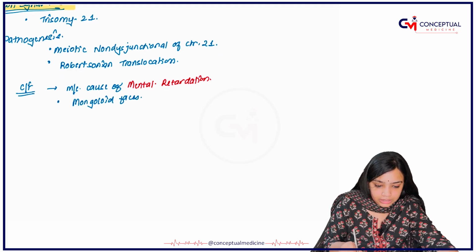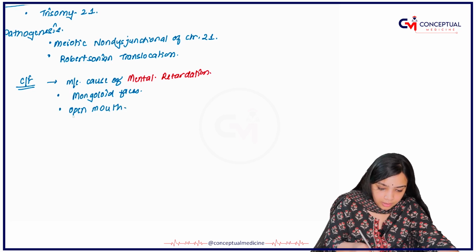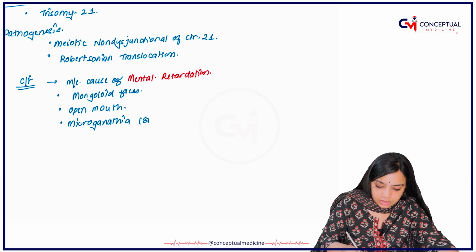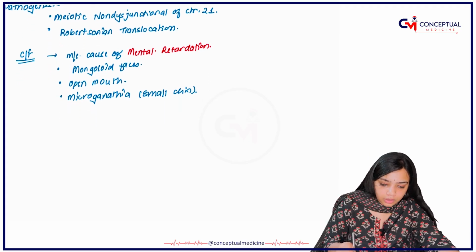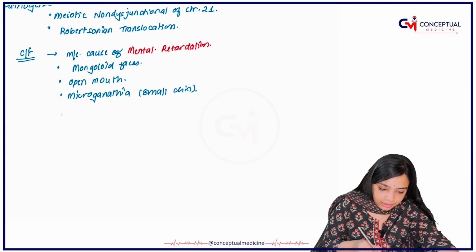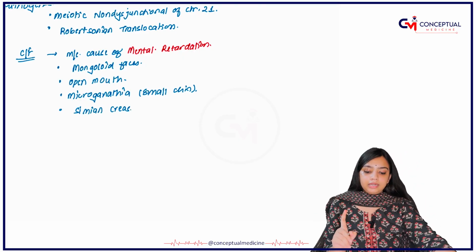Okay, mongoloid faces, and there is a continuous open mouth with micrognathia. What does micrognathia mean? Micrognathia means small chin. Okay, next that you have is the simian creases.